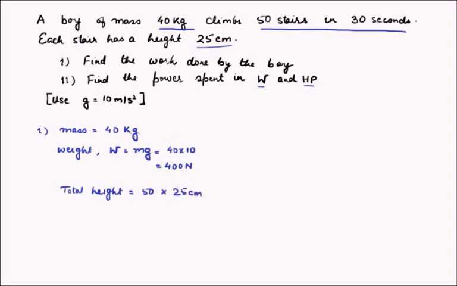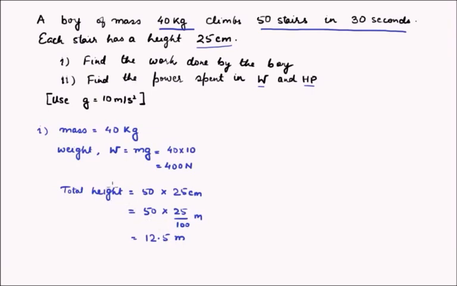Now we are dealing with SI units here, but the centimeter is in the CGS system, so we better convert it into SI unit. 25 centimeter is 25 divided by 100 meter, and that gives us the total height of 12.5 meter.